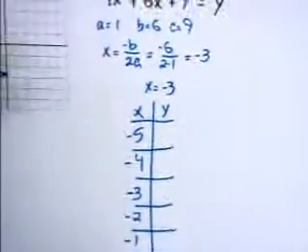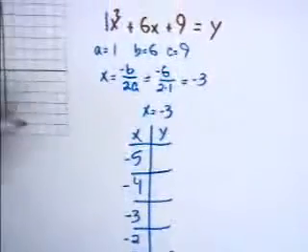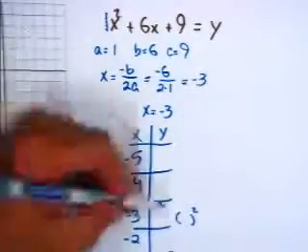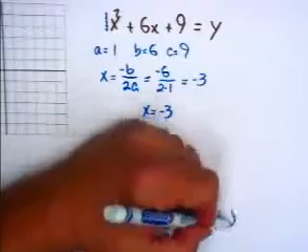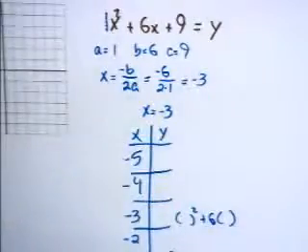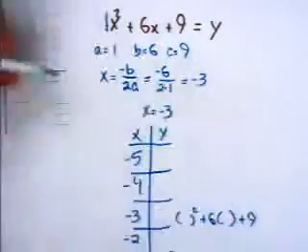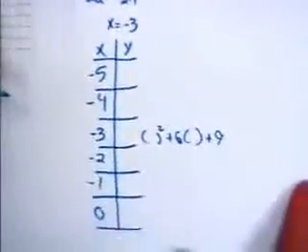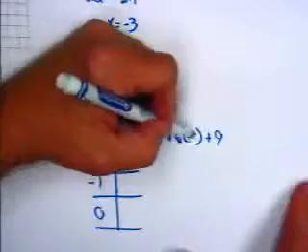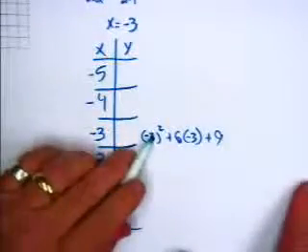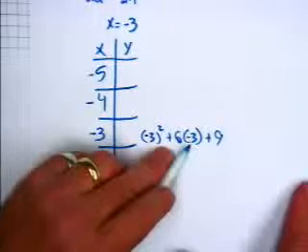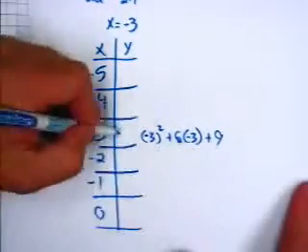And if you remember the equation, it's x squared plus 6x plus 9. When x is negative 3, negative 3 squared is 9, plus negative 18 is negative 9, plus 9 is 0.